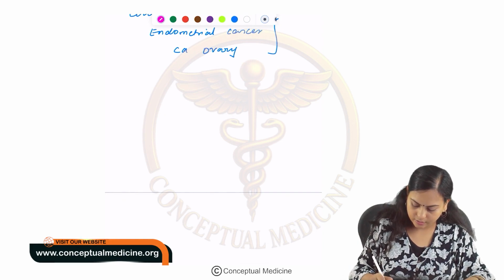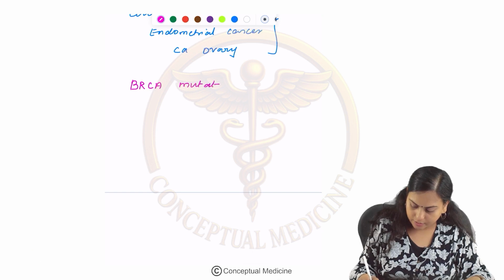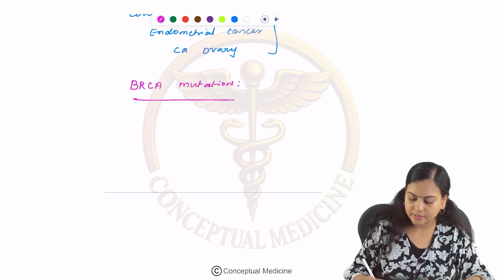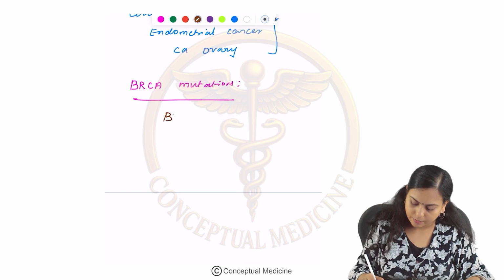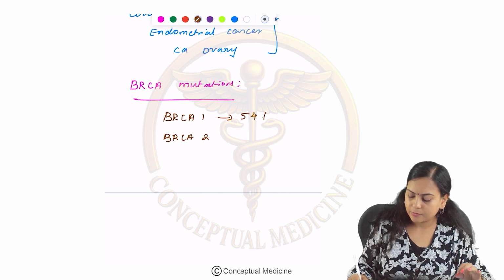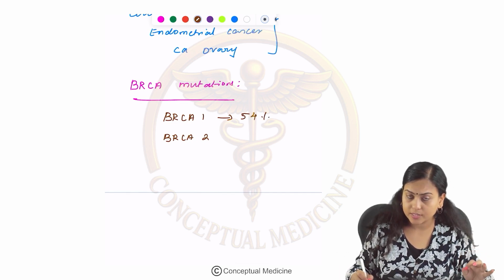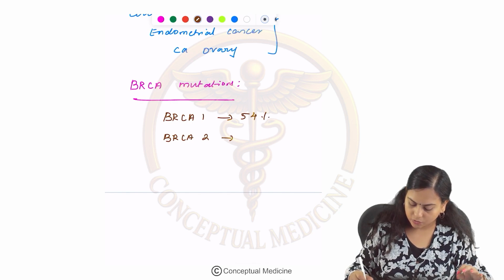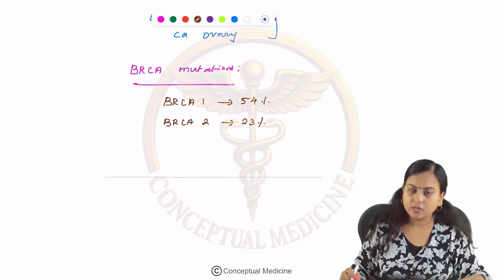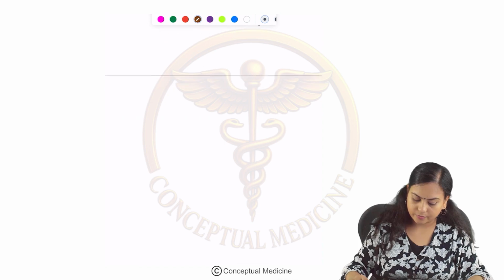And the next one is BRCA mutations. Yes, BRCA mutations, both of them carry risk. Either it can be BRCA1 or BRCA2. So here BRCA1 carries maximum risk up to 54% and BRCA2 causes 23% risk to cause CA ovary, right?